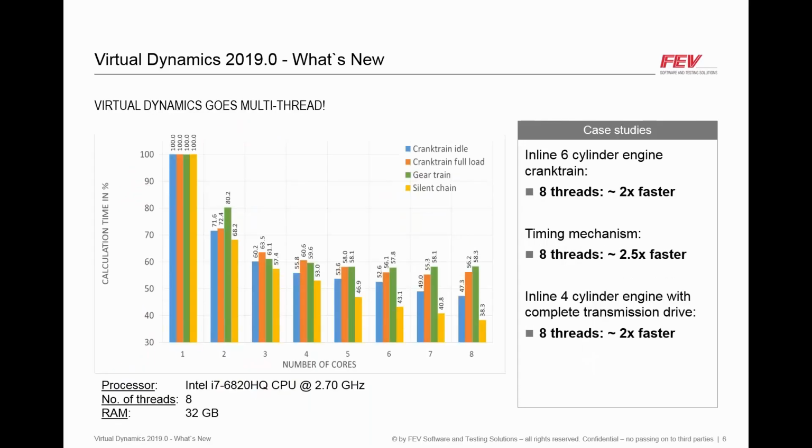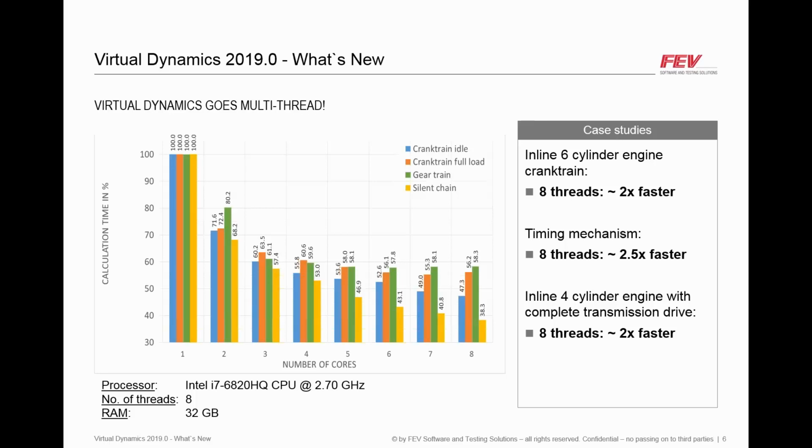And here are the results. If we compare the crank train model that we ran at idle and full load, when compared to a single thread, 8 threads is about 2 times faster. The timing mechanism is about 2.5 times faster when compared to a single thread, and the transmission model along with the engine is about 2 times faster when run on 8 threads.